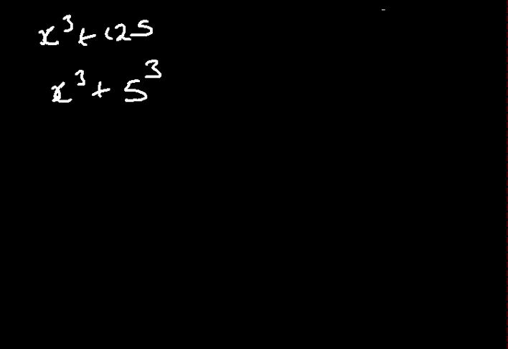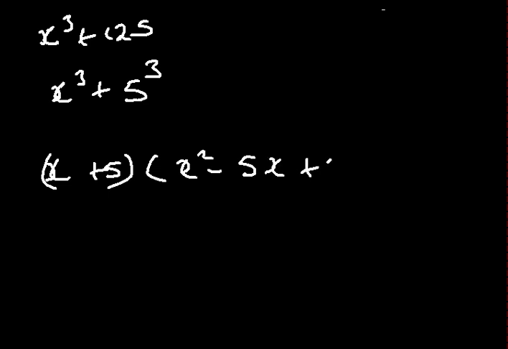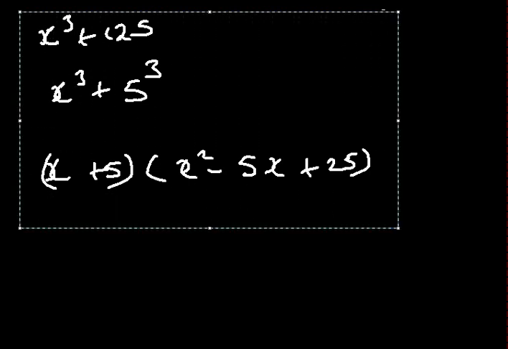The principle behind the sum of two cubes will be given as (x + 5) times (x squared minus 5x plus 25). So that's the working principle behind factorization of the sum of two cubes.